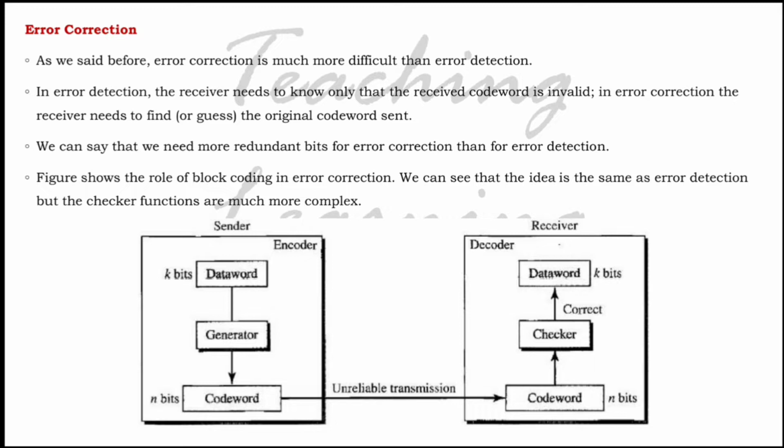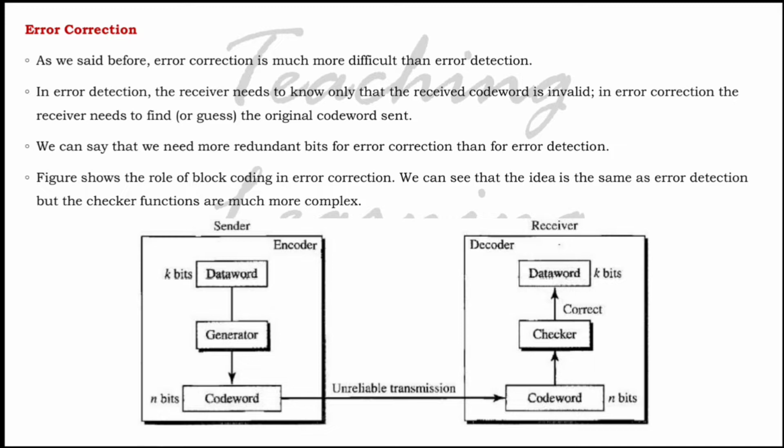In error detection, the receiver needs to know only that the received code word is invalid. In error correction, the receiver needs to find or guess the original code word that was sent. That's why error correction is much more difficult than error detection.